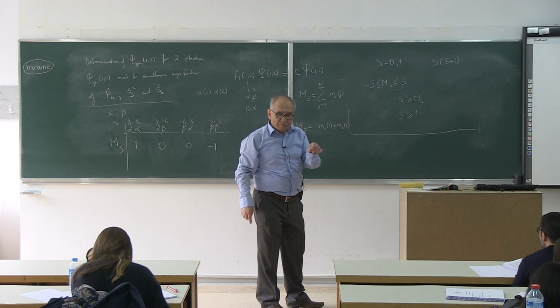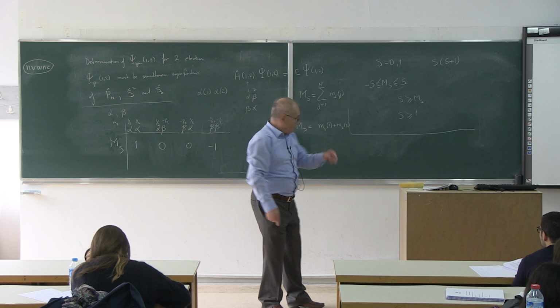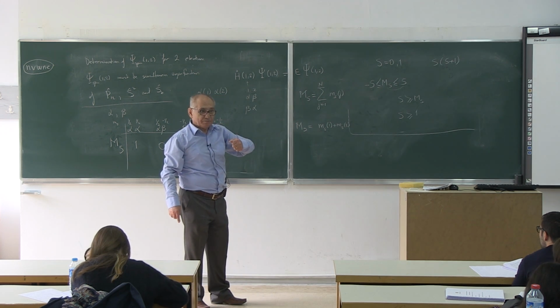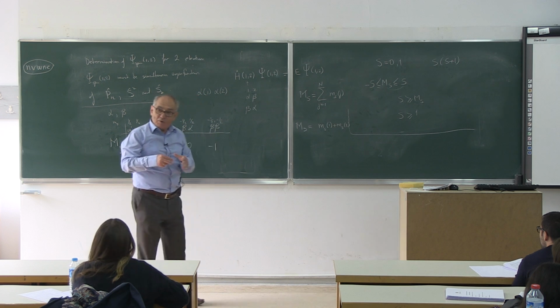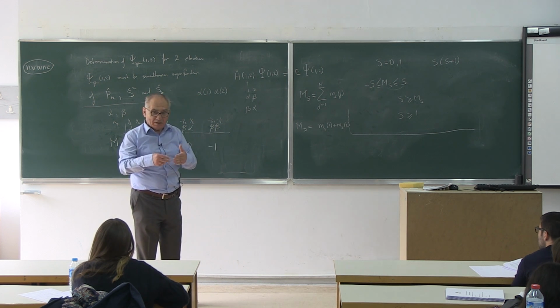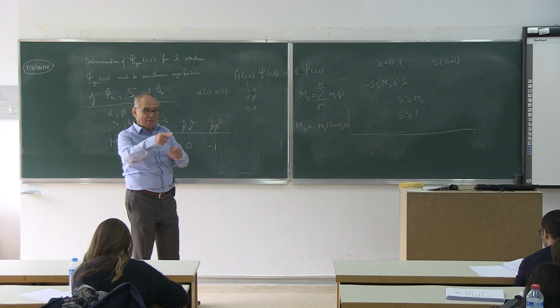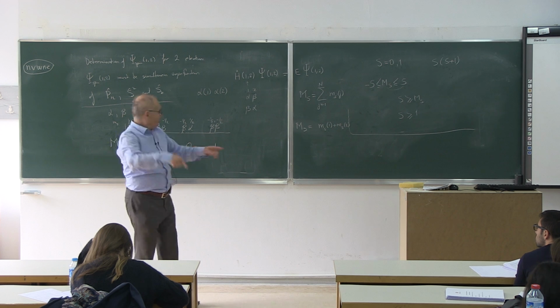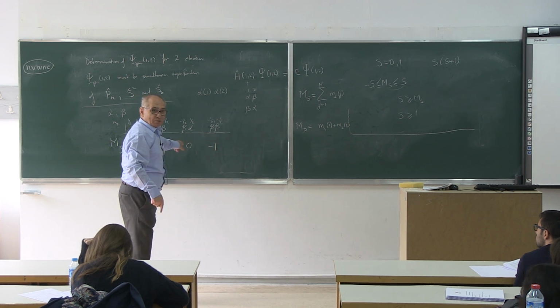Next, we ask, is it possible for S, for these products, to be larger than 1? We conclude no by the following reasoning. If S were larger than 1, for example, if S were 2, then there must be an MS value of plus 2. But we don't see any plus 2 here.